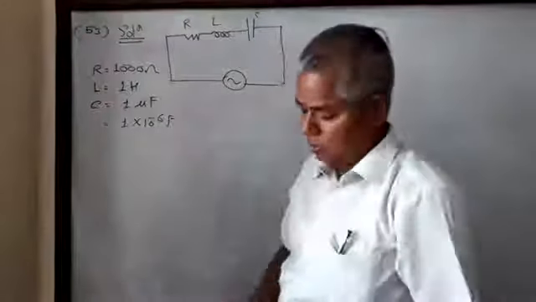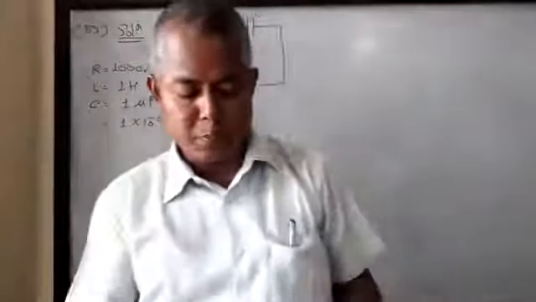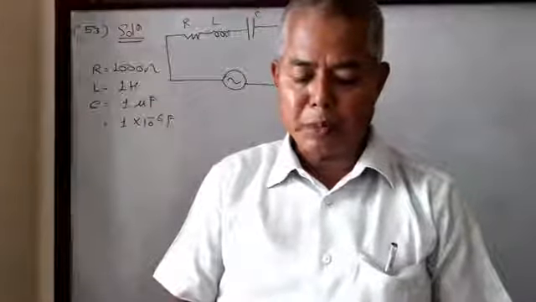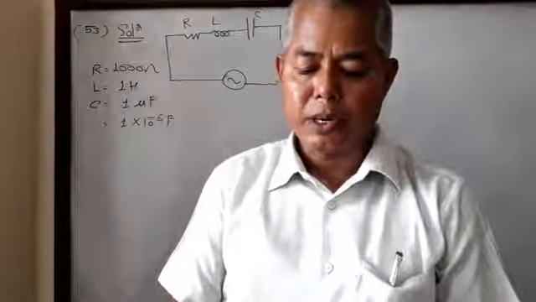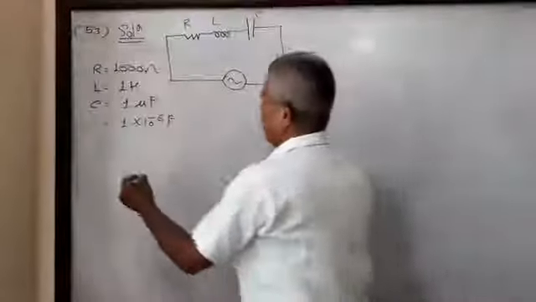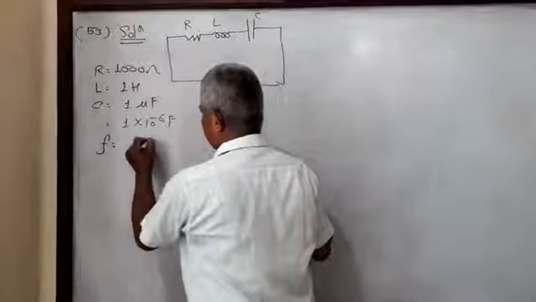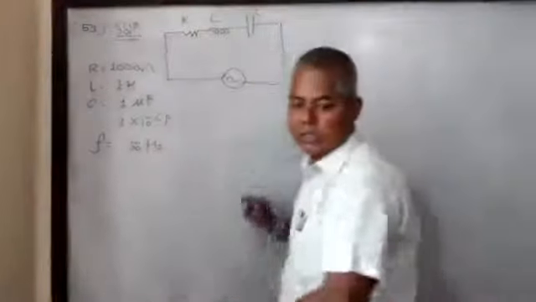This is given to us: a series circuit with a source of EMF of frequency 50 Hz. Frequency F is given to us as 50 Hz.